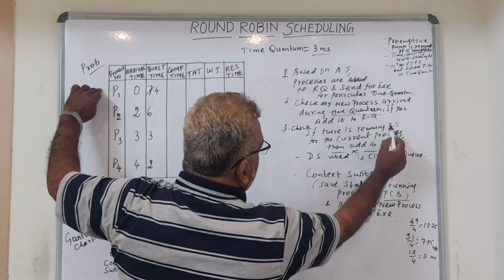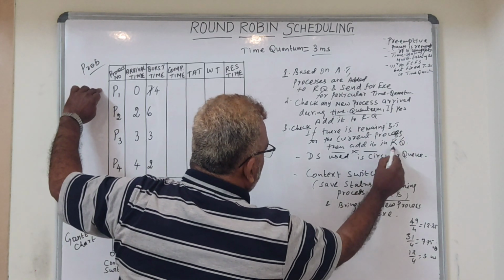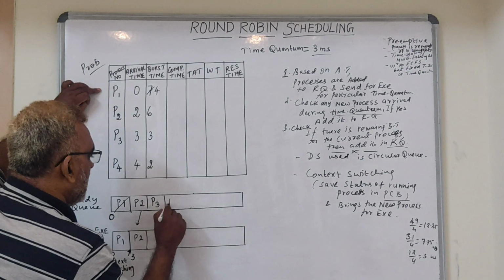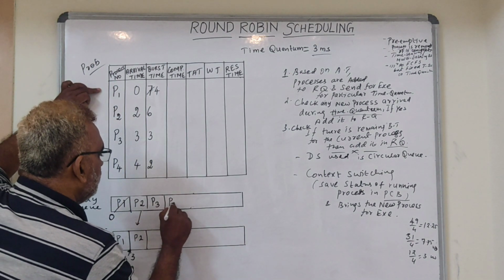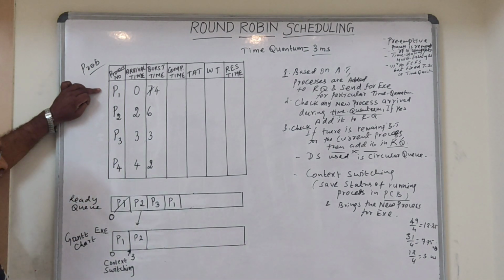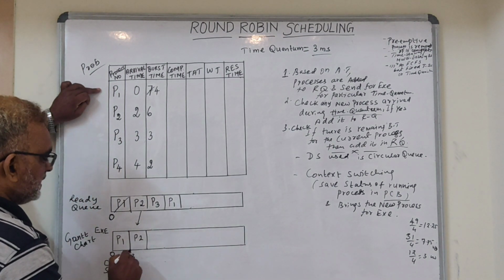If the current process has remaining burst time, you have to store it again in the ready queue. So after P2 and P3, you have to store P1 also in the ready queue.